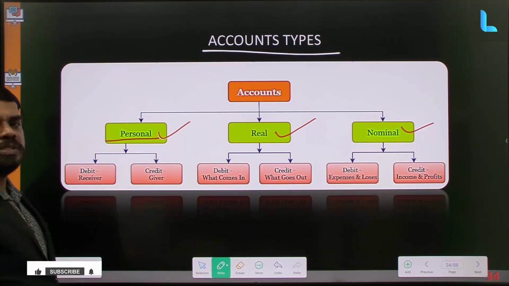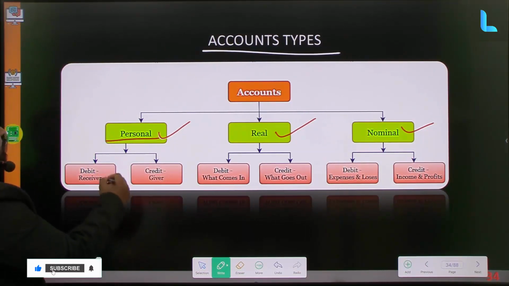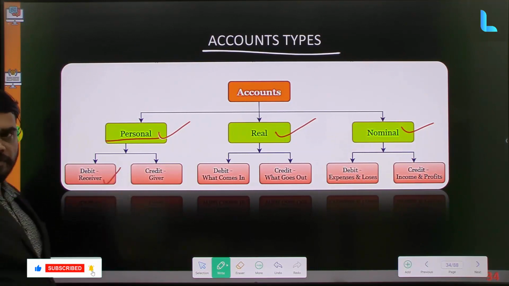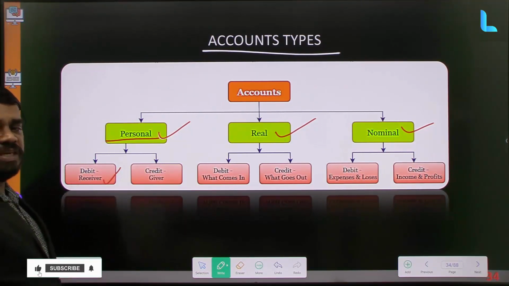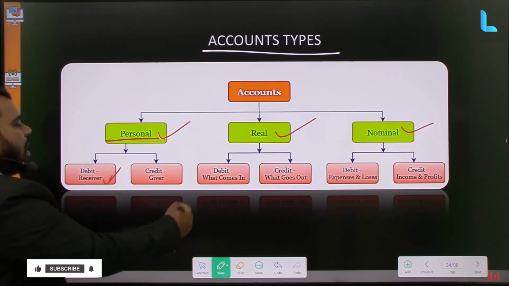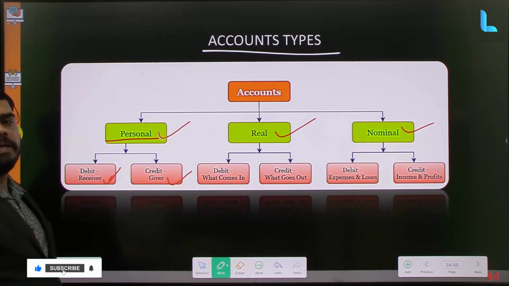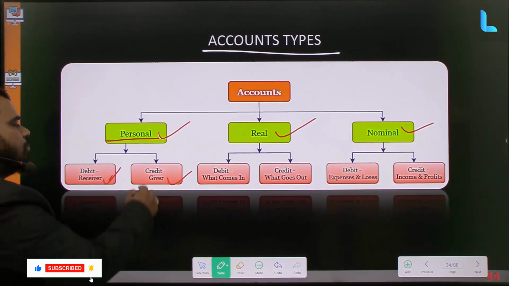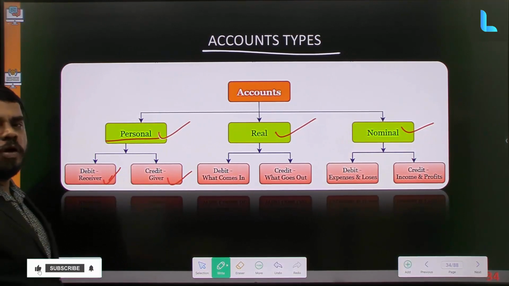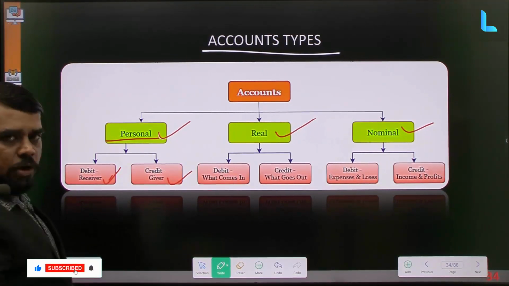Here the golden rules tell that debit, we have to debit whom? The receiver, the one who is receiving it, must be debited, and who is giving that particular source of fund, we have to credit him. So this is the rule of debit and credit for personal account.